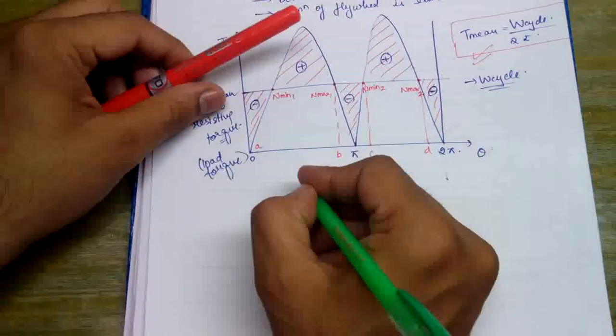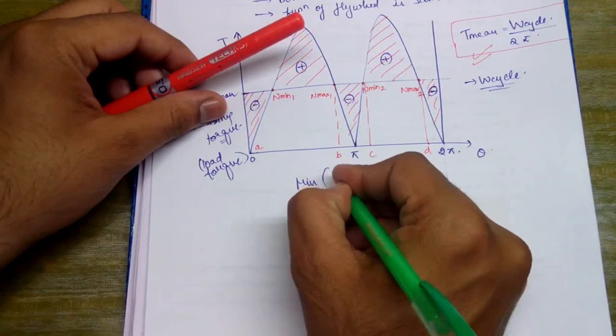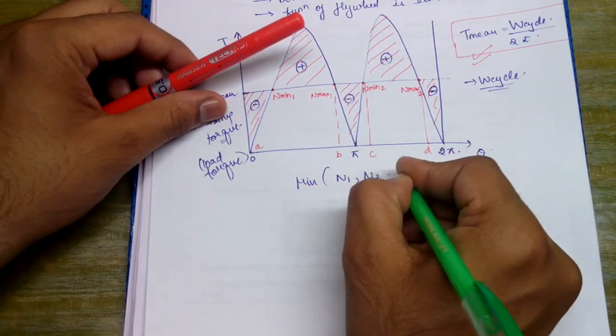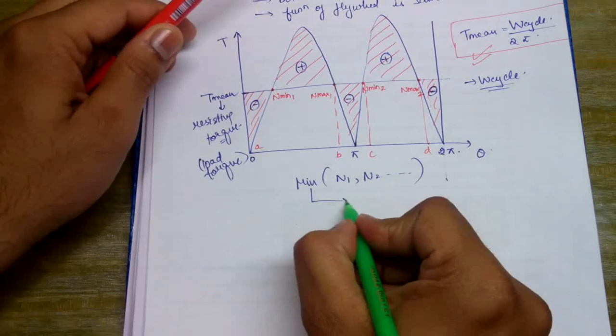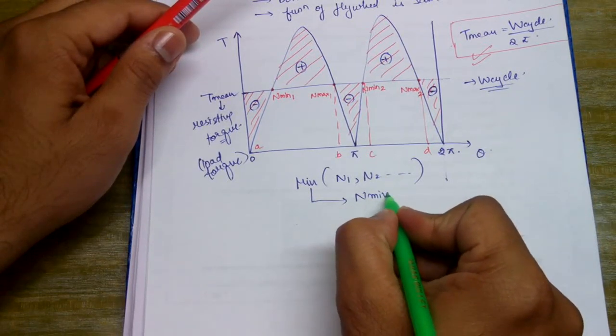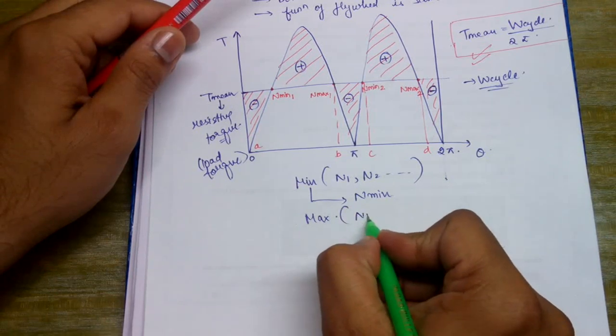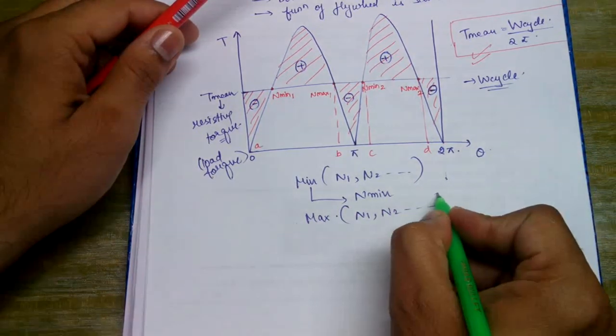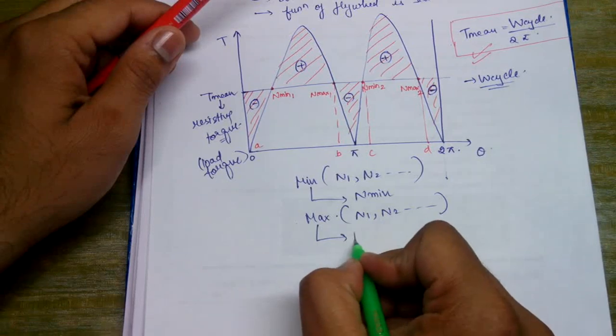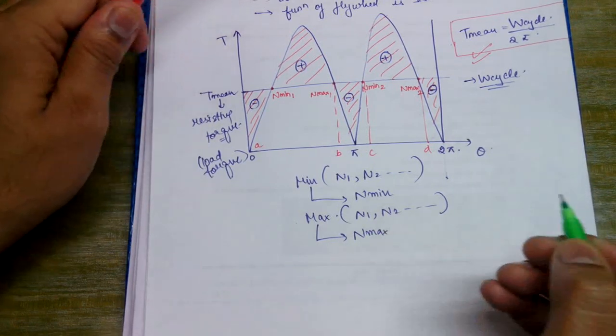Now if we talk about the minimum ranges of the speed, we have n1, n2 and so on, such that we are getting a minimum speed. And if we consider the maximum section, then also we are getting n1 maximum or n2 maximum and so on, such that from this we will obtain the n max.